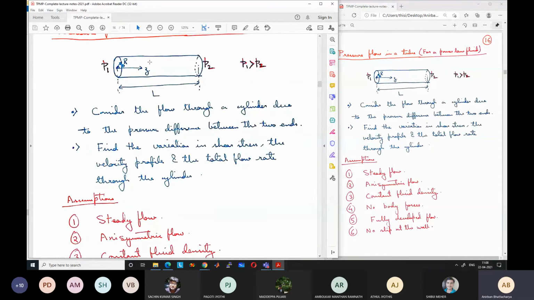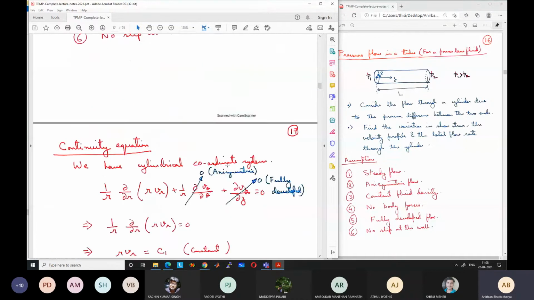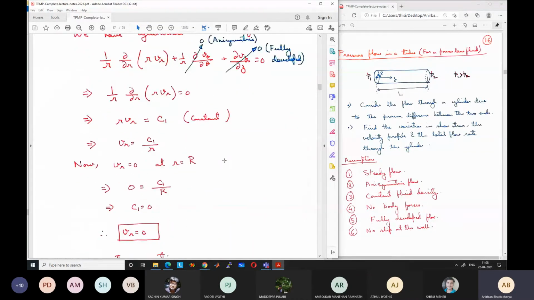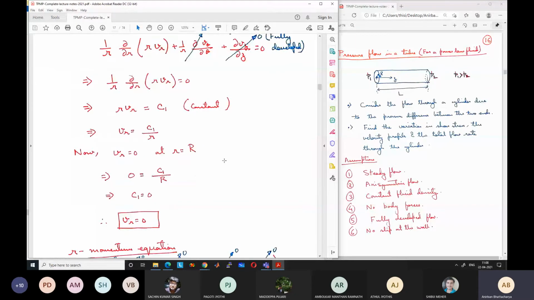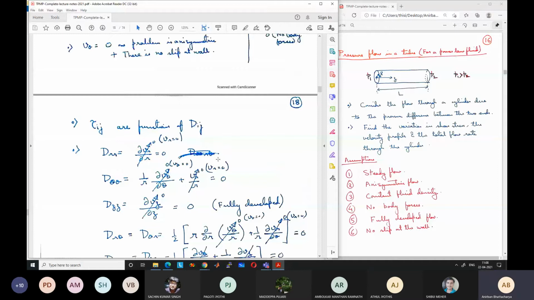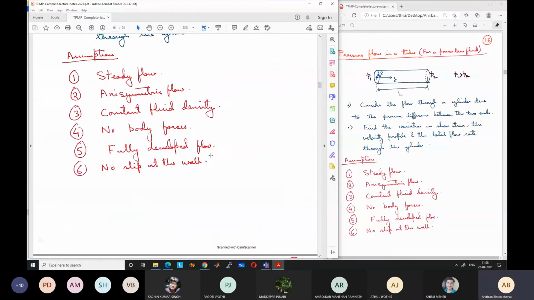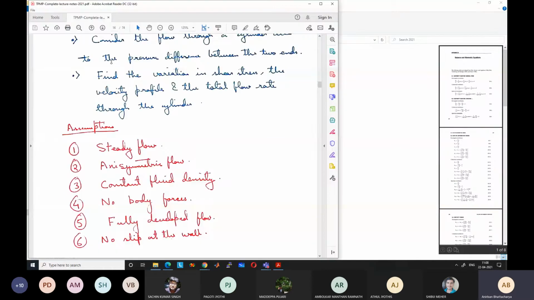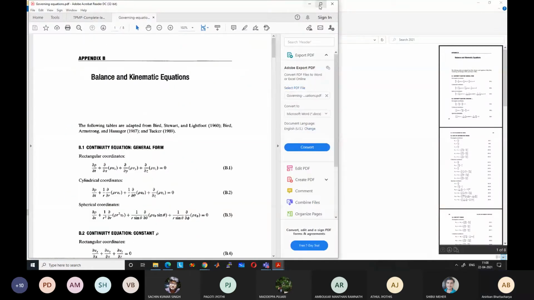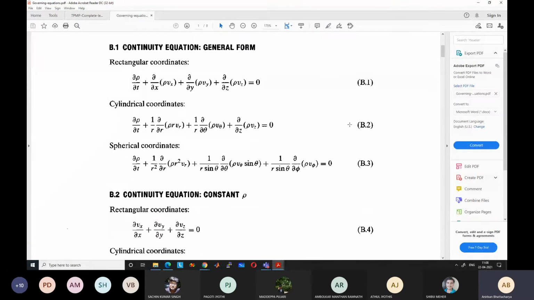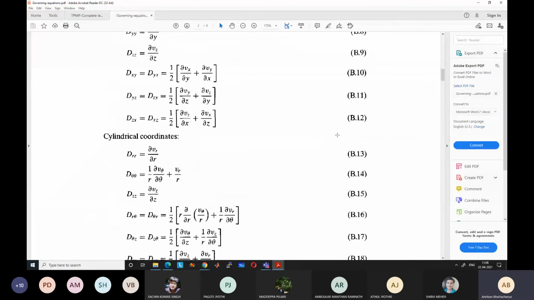Let me recap once, because we will continue from here today. After a lot of simplification, we started with three momentum equations, the governing equations in the cylindrical coordinate system for the r direction, theta direction, and z direction.